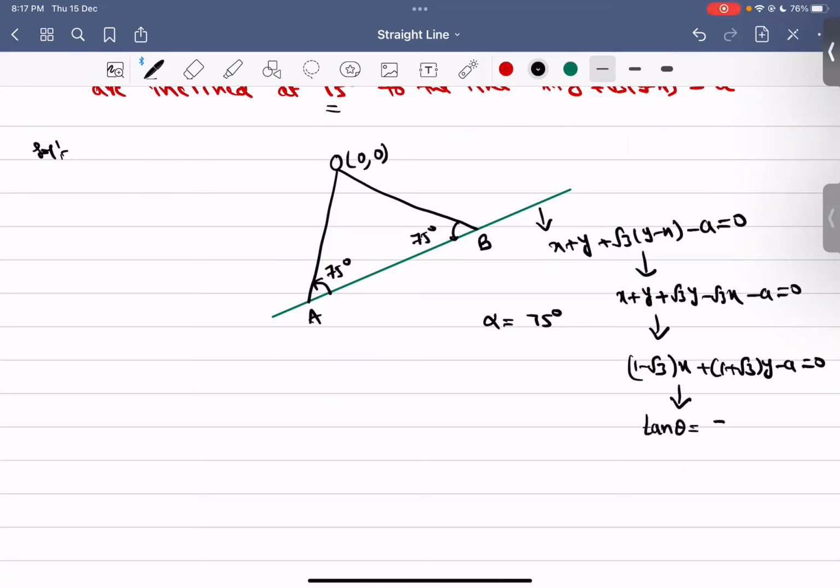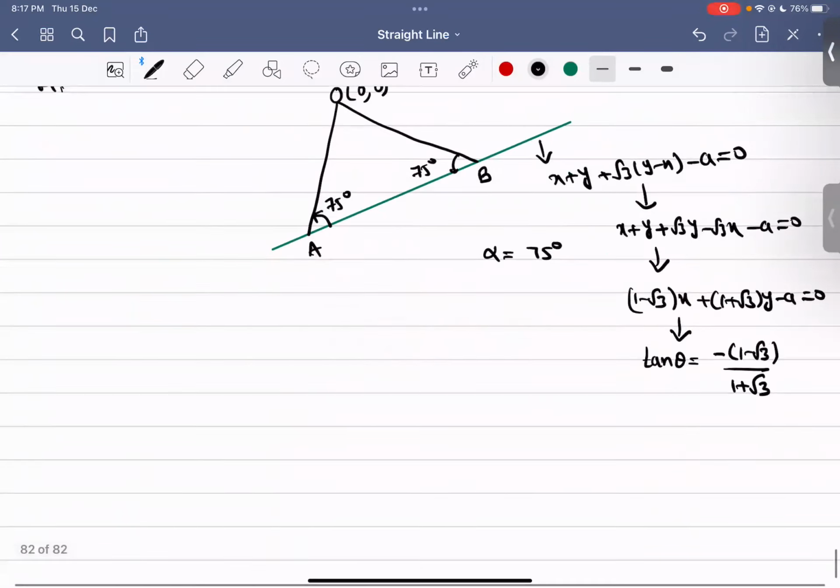Tan theta is equal to minus of 1 minus root 3 by 1 plus root 3, because the slope of the line ax plus by plus c equal to 0 is minus a by b. Therefore tan theta is equals to root 3 minus 1 by root 3 plus 1. This is tan theta.